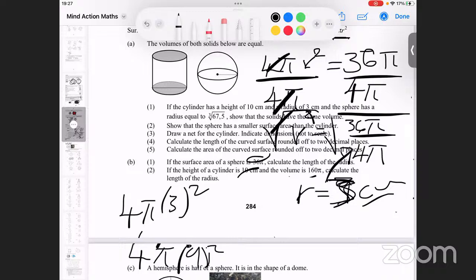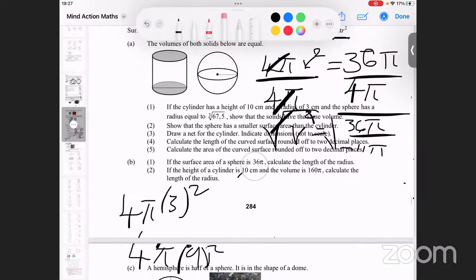units. Okay, now let's look at number 2, and we have a few minutes. If the height of a cylinder is 10 centimeters and the volume is 160 pi, calculate the length of the radius.